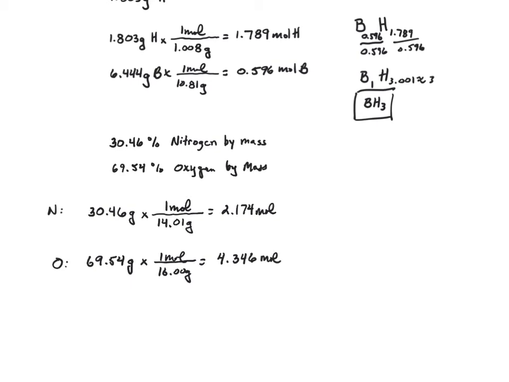And again, that's moles. Alright, so to figure out what this is, we're going to put down the elements that are present in the compound, and then put down the number of moles instead of the number of atoms. And then divide each side by the least number, so divide both sides by the 2.174.